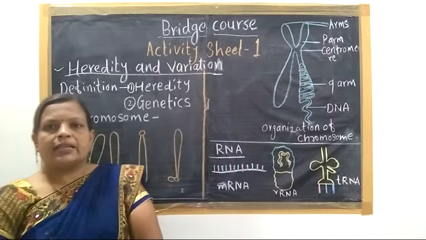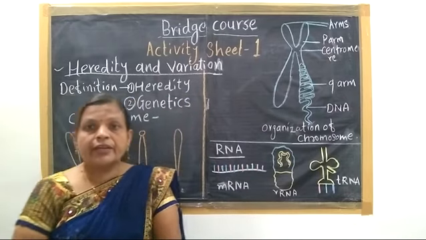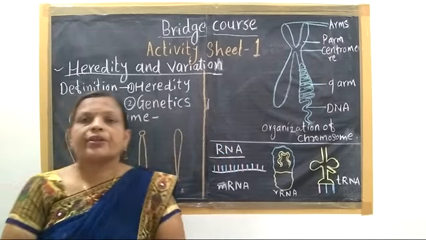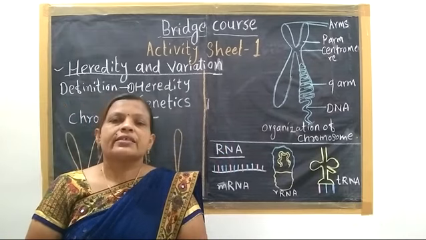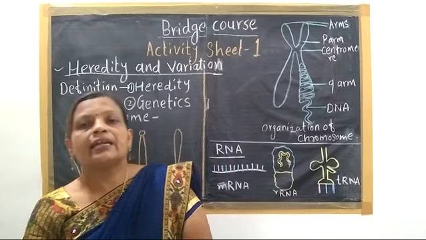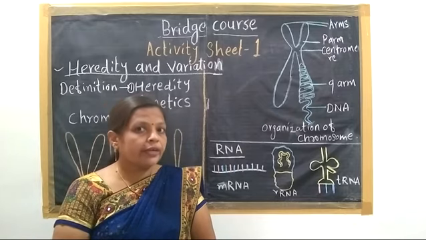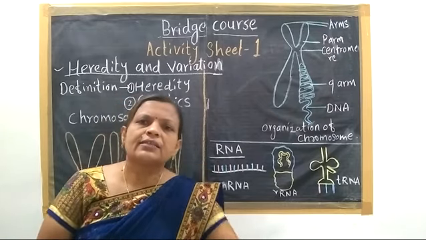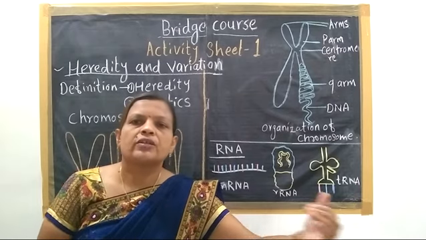The science that deals with the study of heredity is genetics. Genetics is a science that deals with the study of heredity, that is, how the characters are transferred from parents to the offspring.